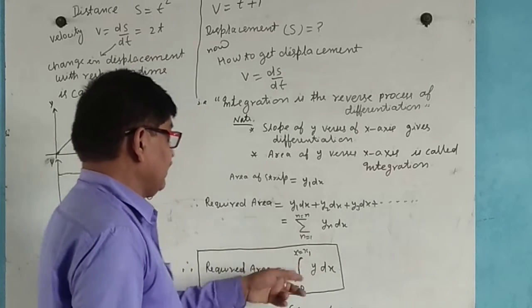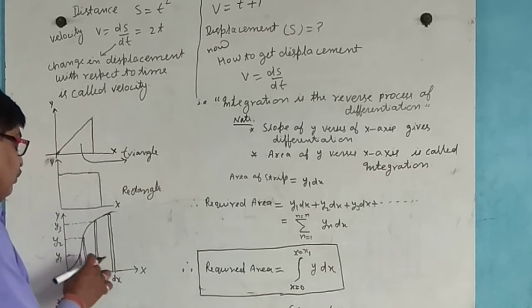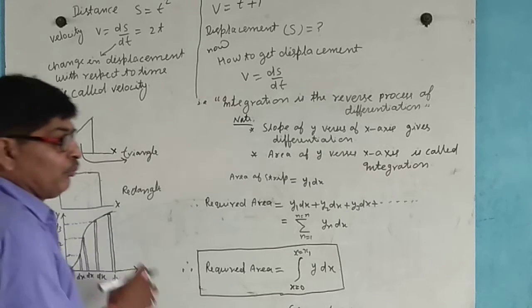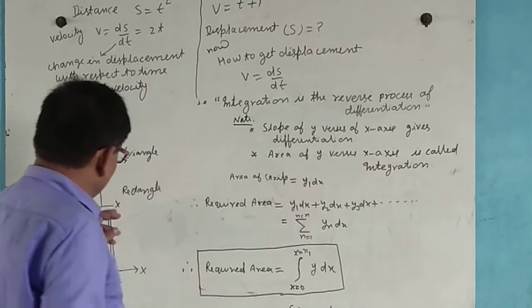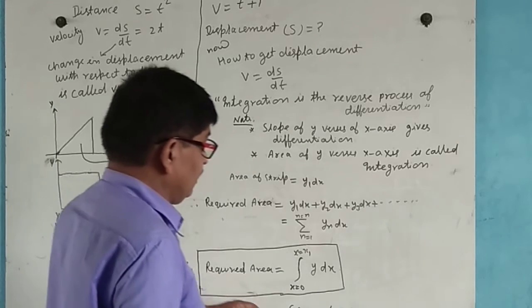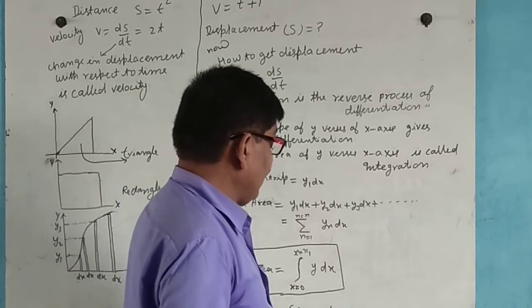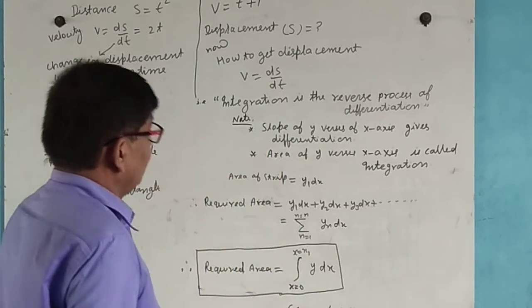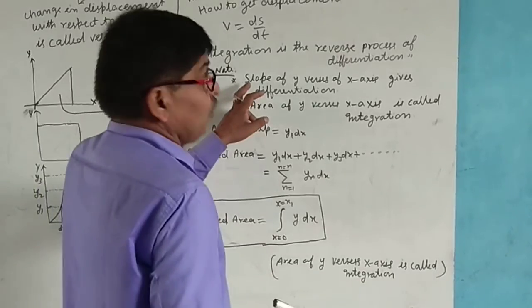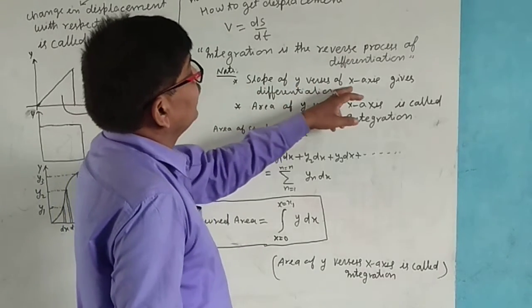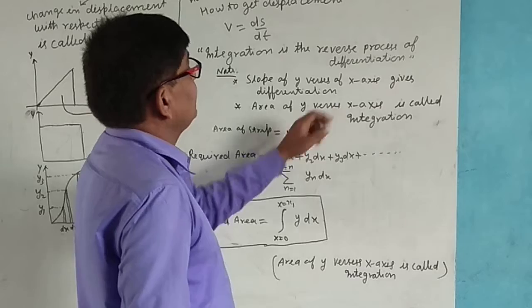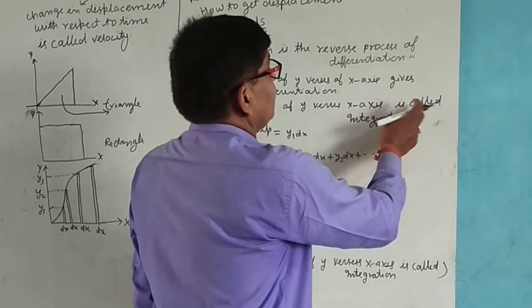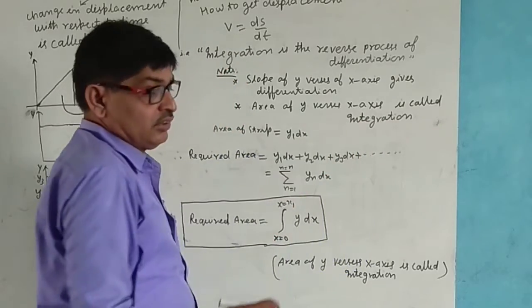If we integrate, we get the total area, that is, the total distance covered by the moving body. So the area under the y versus x graph is called the integration. As we know, the slope of the y versus x graph gives differentiation, but the area of the y versus x graph is called the integration.